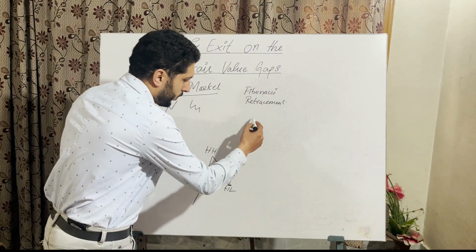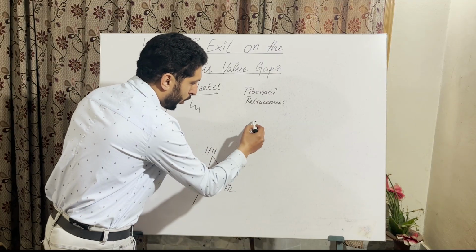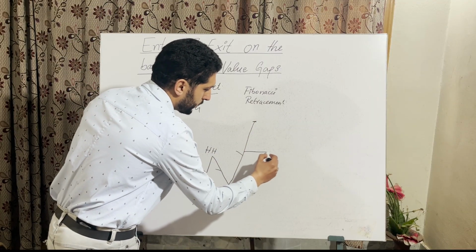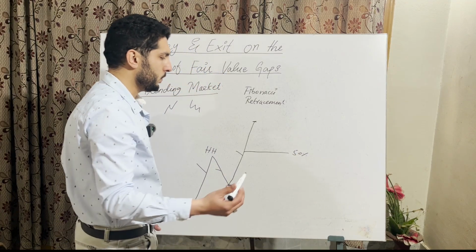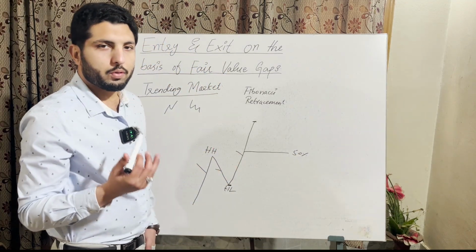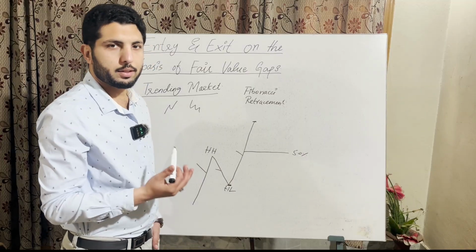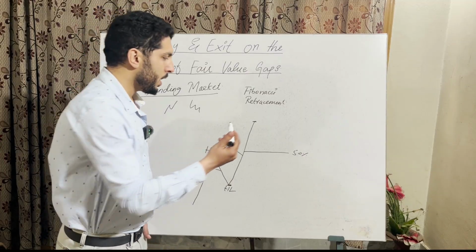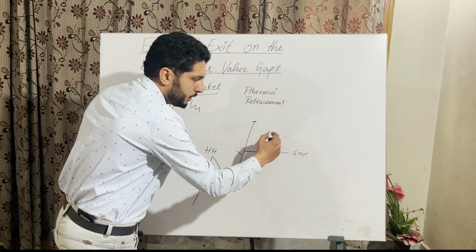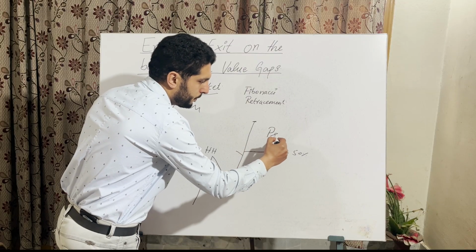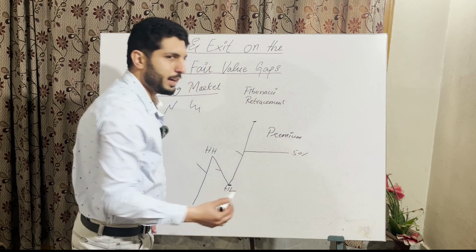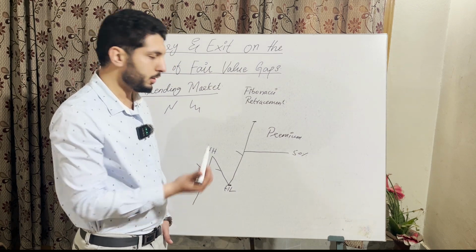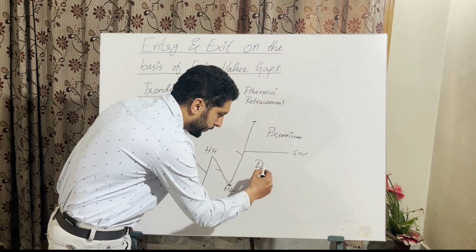Let's suppose it is the whole move and this is the 50% area of the move. Now, we would divide the move into two parts. The area above the 50% is the premium area, and the area below the 50% is the discount area.